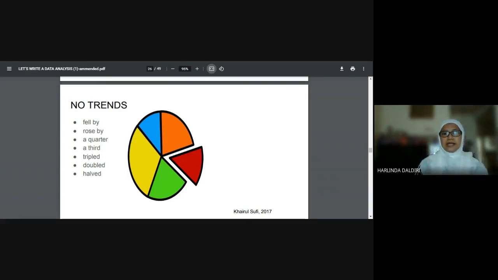But sometimes, as perhaps has also been mentioned by your teachers, you have two different pie charts with different dates below, like for example 2011 and 2012.